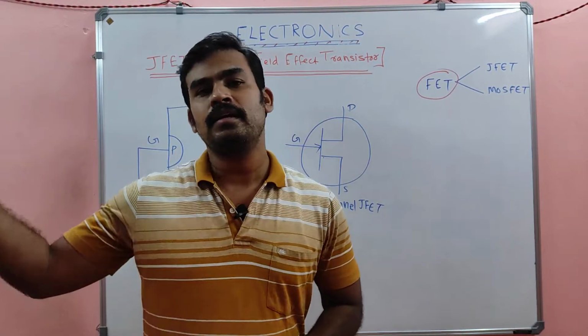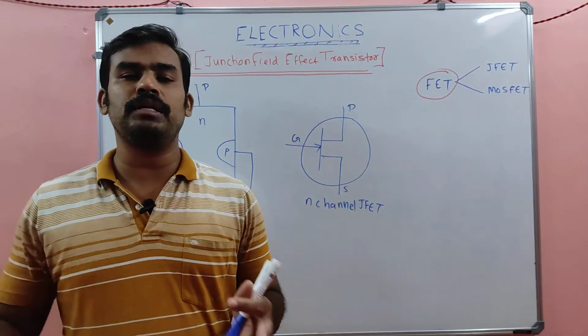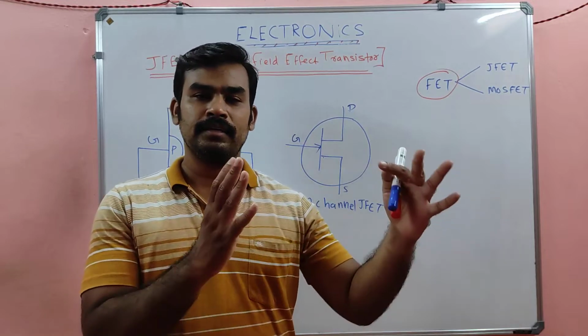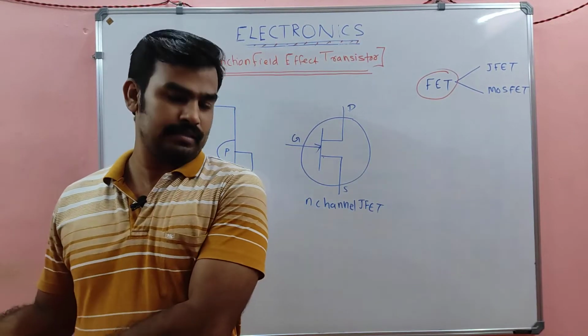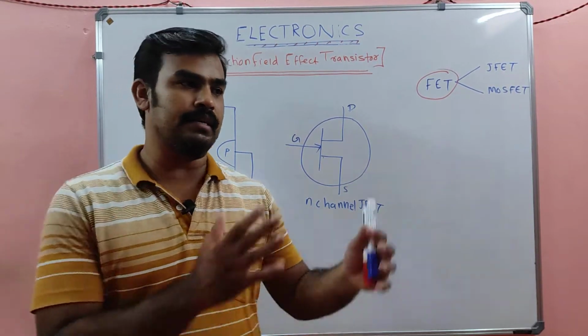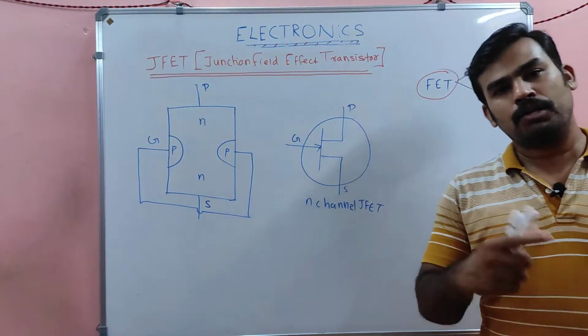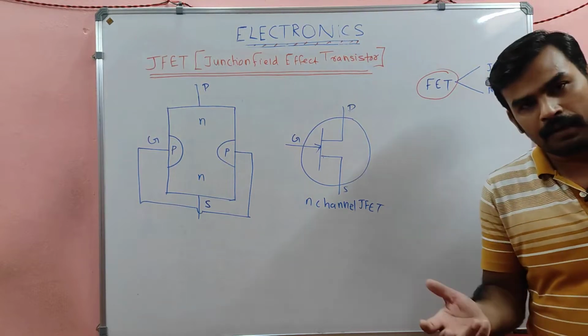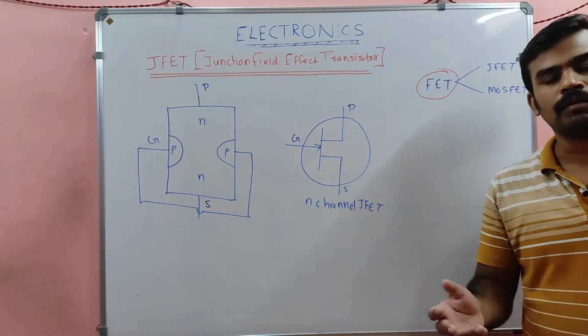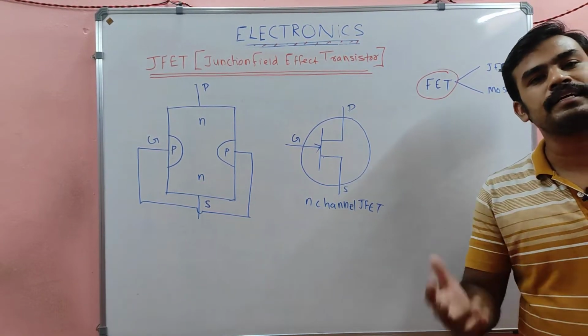The total collector current is the sum of the current by the electrons plus the current by the holes, that is, the current due to the majority plus the minority carriers. That is why the name bipolar. Both electrons and holes take part in the conduction.